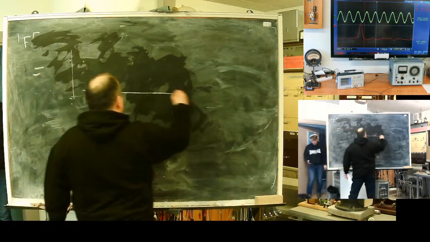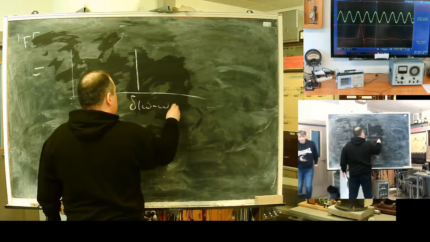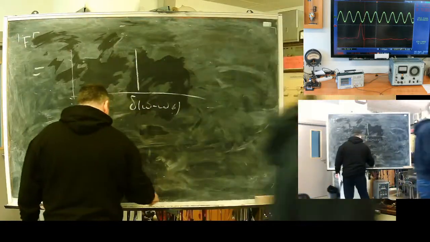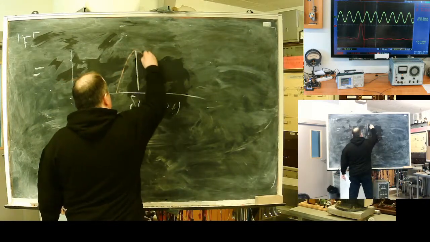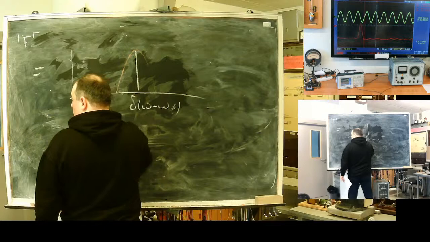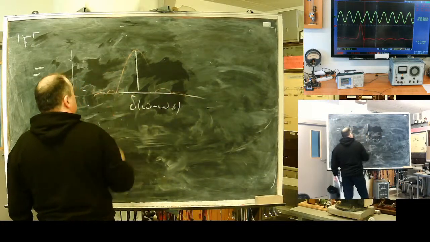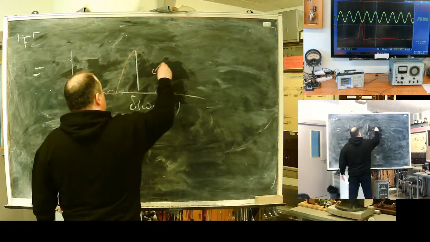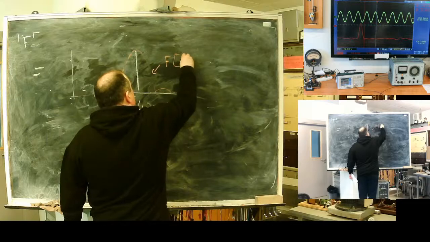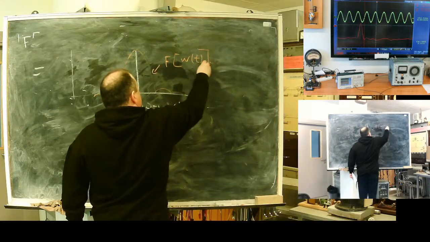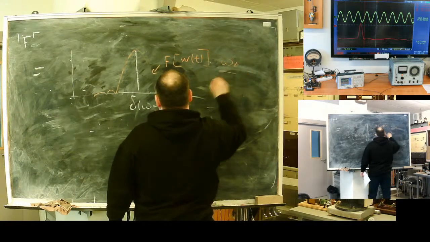So I should get an expected delta function of omega minus omega 0, but I'm getting a representation of the spectral function. In theory, the absolute value should look like this. It's a result of the Fourier transform of a window, but shifted towards omega 0.